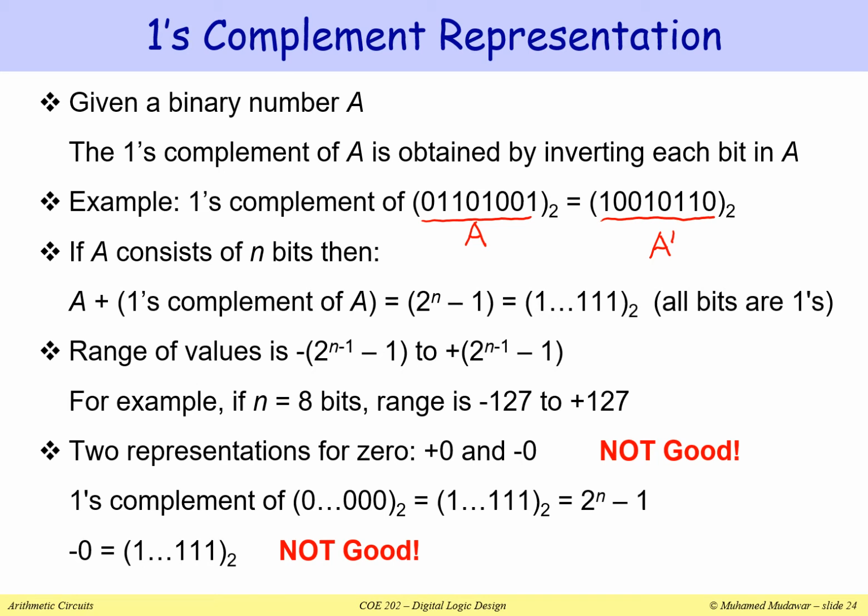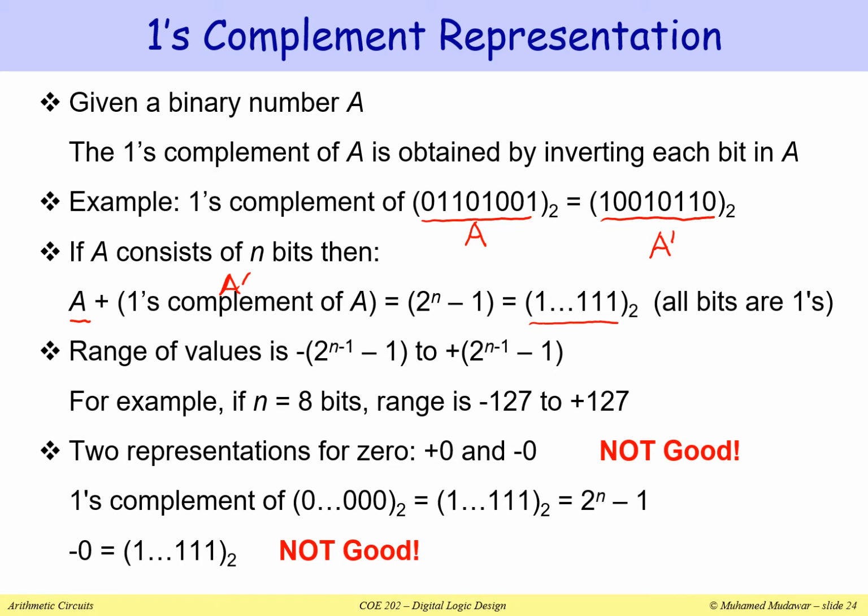So now suppose I have a number A and I have the ones complement of A. If I want to add A plus the ones complement of A, which is A prime, what is A plus A prime? If you add A plus A prime, you get ones, because if you add a 1 with its complement, which is 0, or a 0 with a 1, you get all ones.